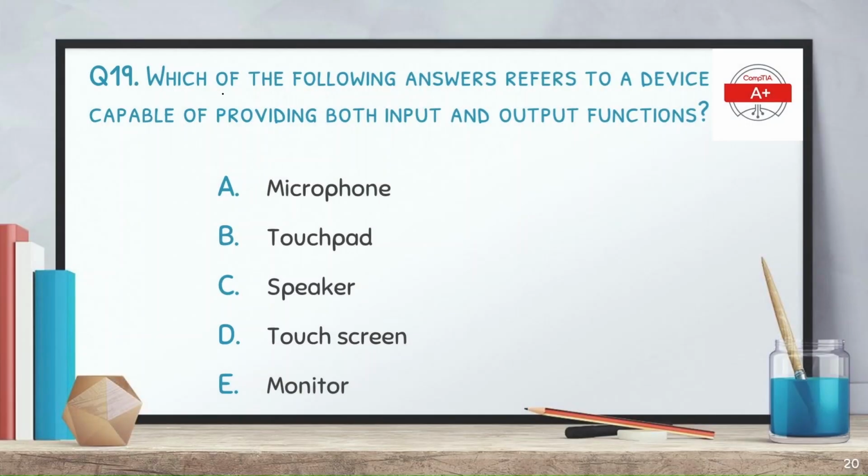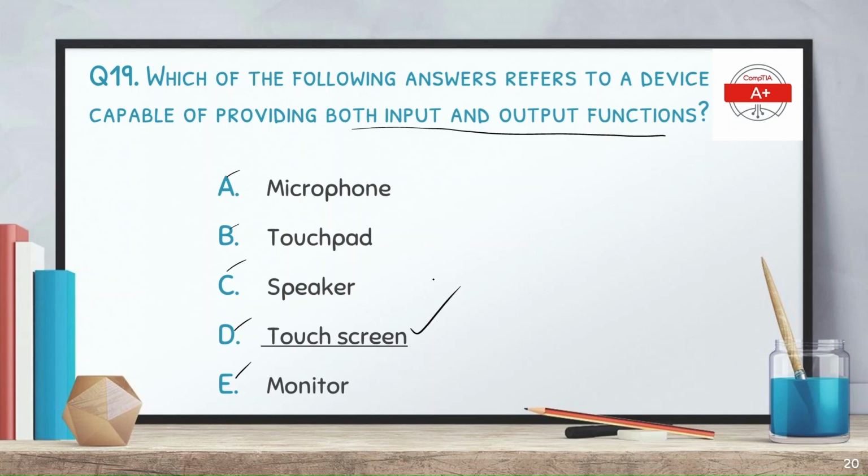Question number 19 is that which of the following answers refers to a device capable of providing both input and output function? The options are A, microphone, B, touchpad, C, speaker, D, touchscreen, and E, monitor. And the correct option is the touchscreen. So the touchscreen provides both the input.